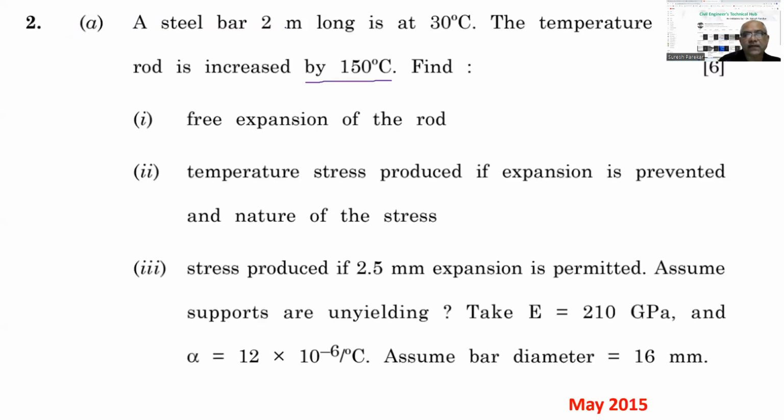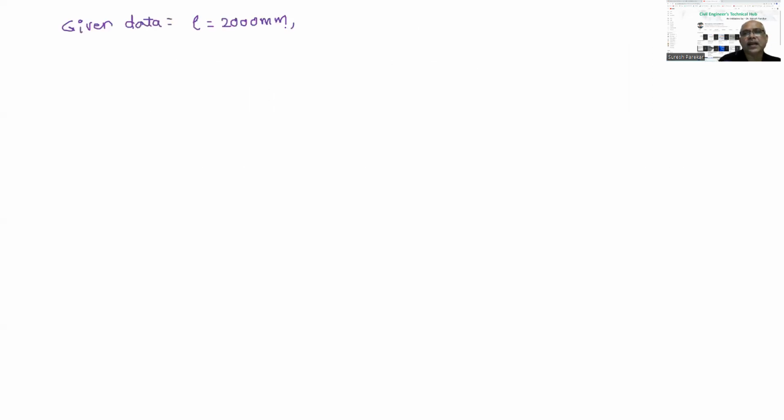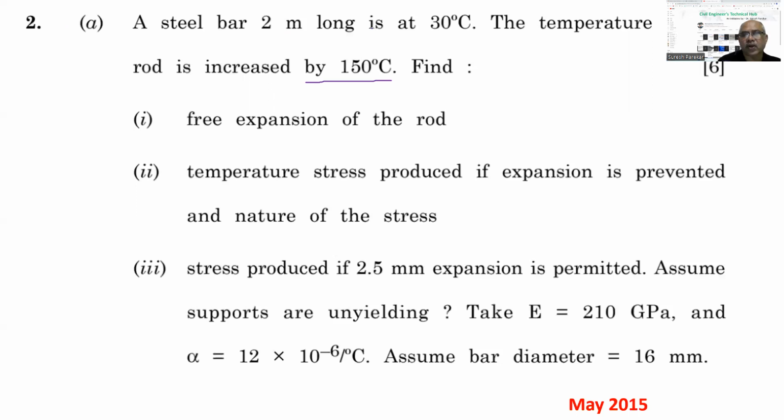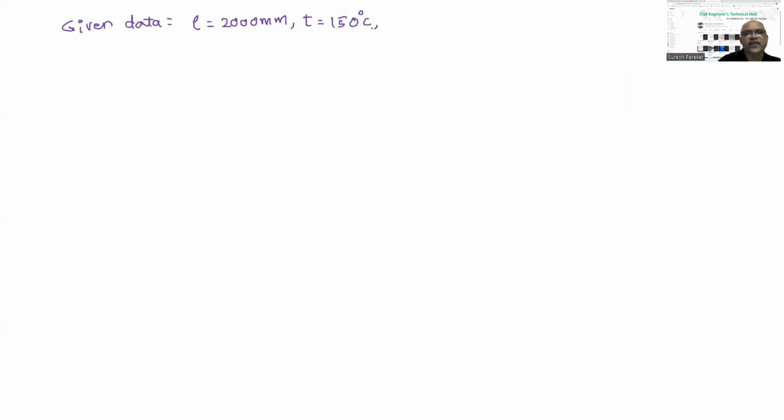L is equal to 2000 millimeter. Temperature is increased by 150 degrees centigrade, and we have to find the free expansion.